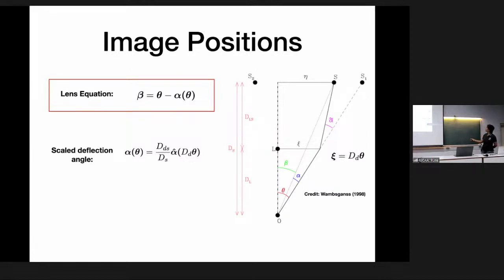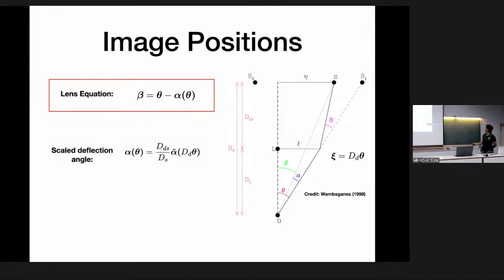In the absence of any massive object, the light rays coming from this source can be seen at an angle beta. But now in the presence of this lens, the light rays get deflected from their original path, and we can see them coming at an angle theta. So that's what is shown here.